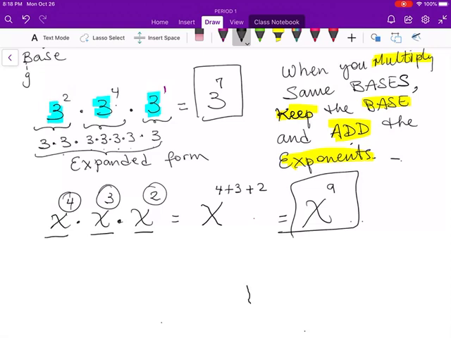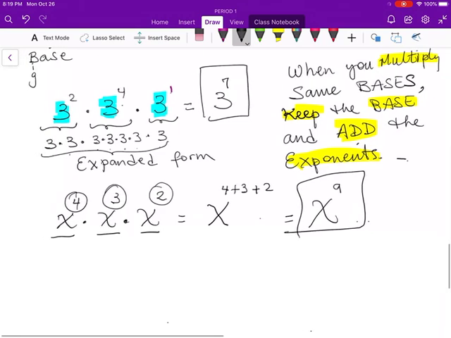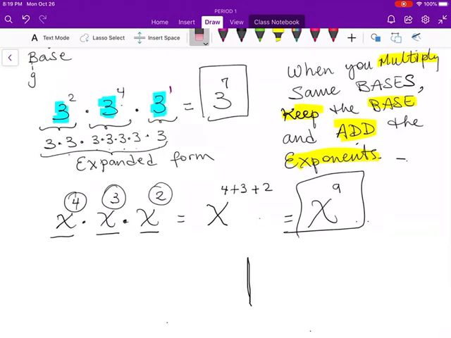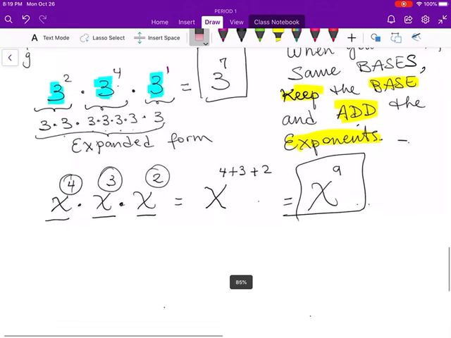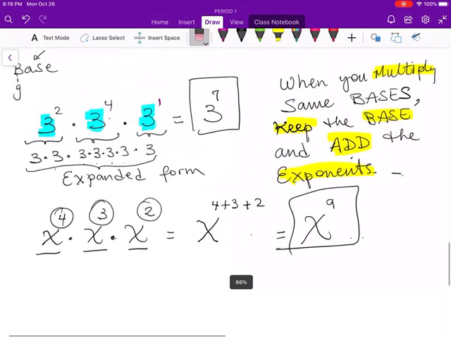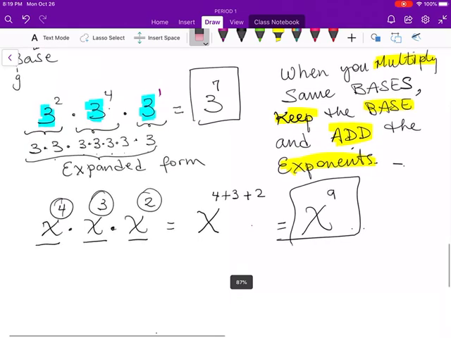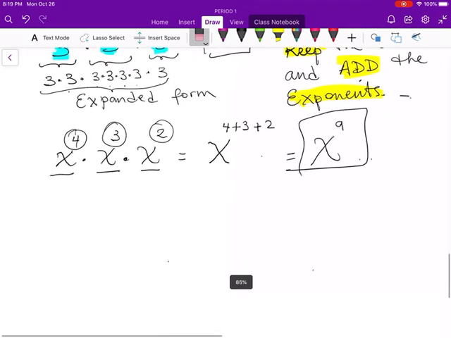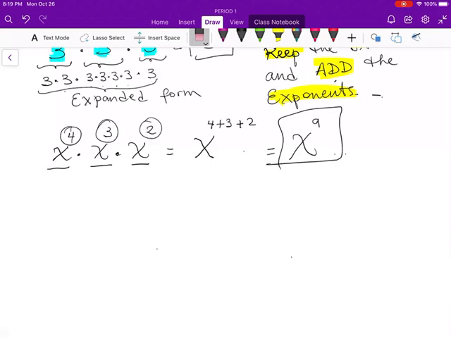Pretty simple, right? Now, you could have negative exponents. We have talked about negative exponents in class. You might turn them into positive, but I'm going to show you that if you remember this rule, when you multiply same bases, keep the base and add the exponents, you could apply it to any problem, regardless of what the exponent is. So let's say you have x to the power of negative 3 times x to the power of 7.